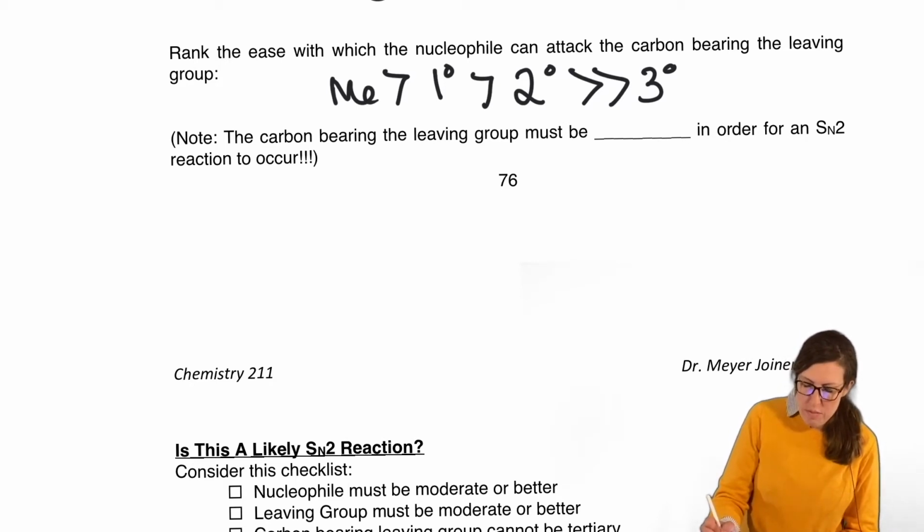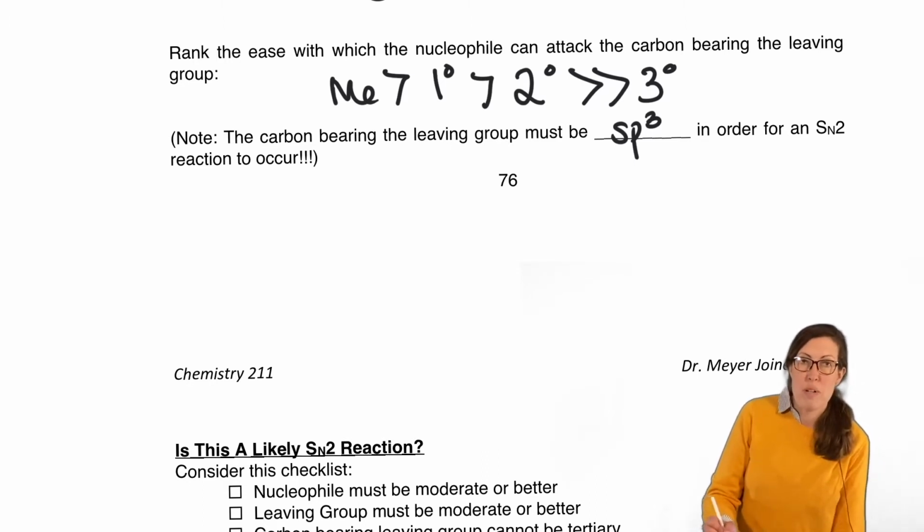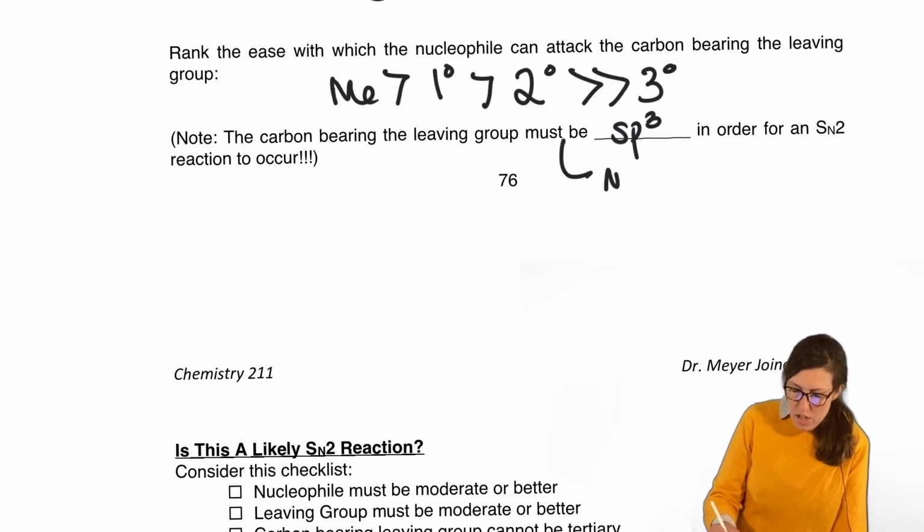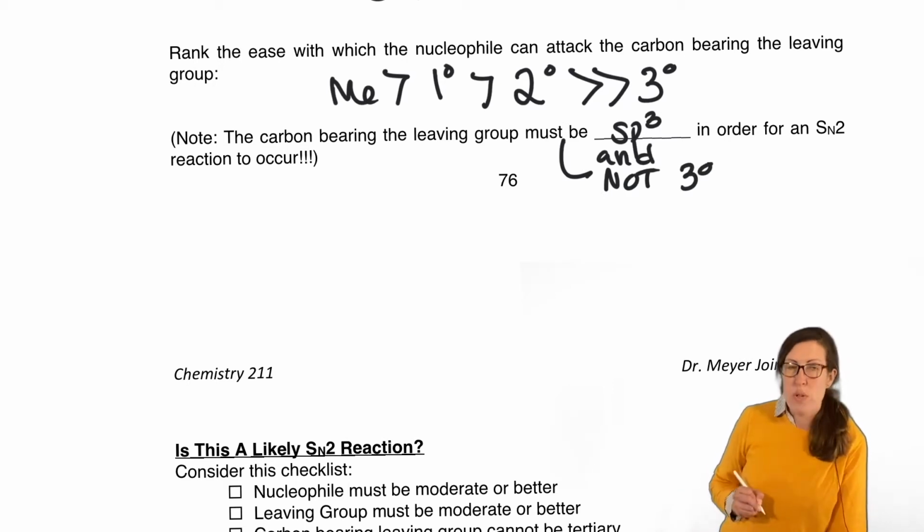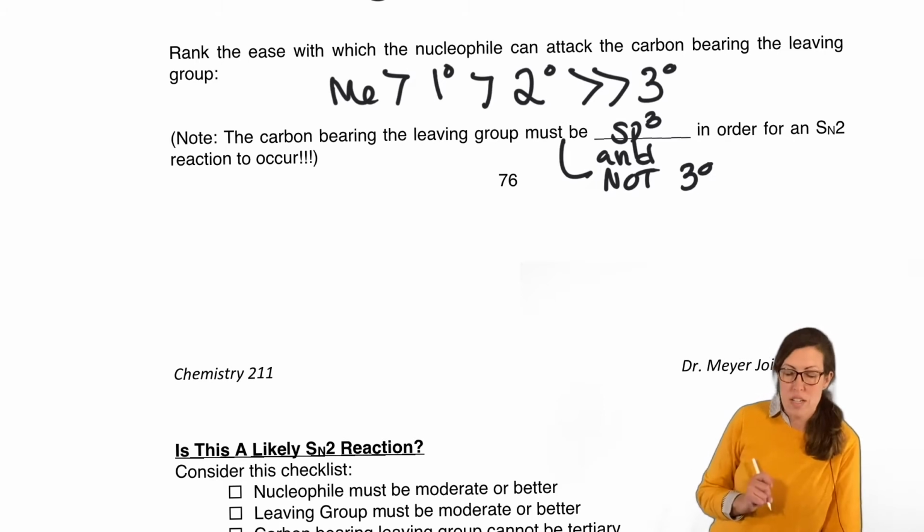So in other words, the carbon with the leaving group must be sp3 for a reaction to occur. So we'll always be able to describe them as methyl, primary, secondary, or tertiary. So we want methyl, primary, or secondary, not tertiary.